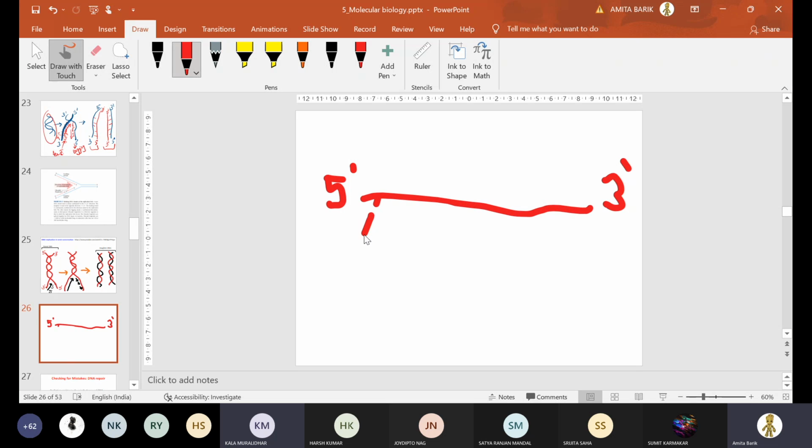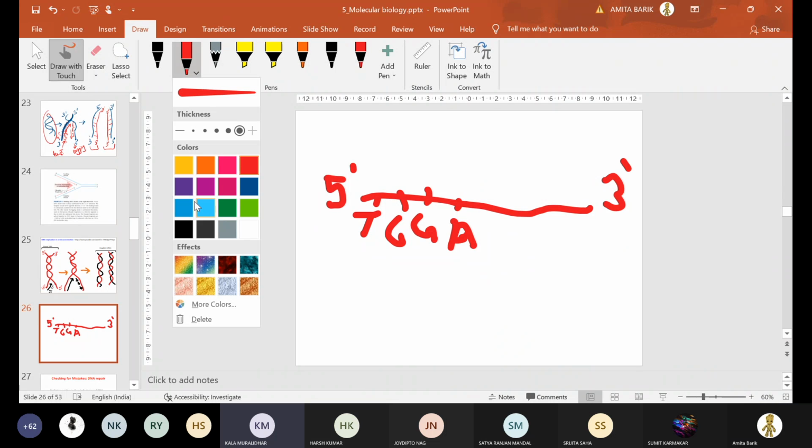If it is given like T, then C, then G, and A, and so on, and you will be asked to write the complementary strand, then you will be able to write it, right? Yes, ma'am. So what will be the complementary strand?